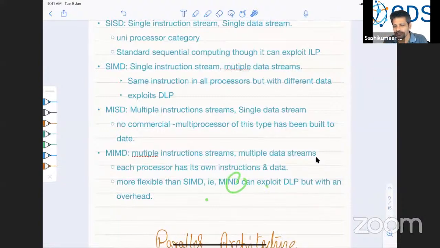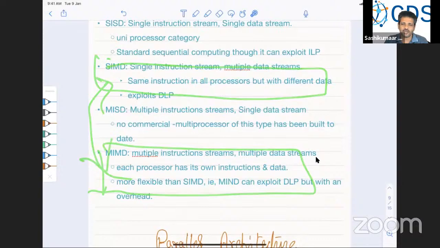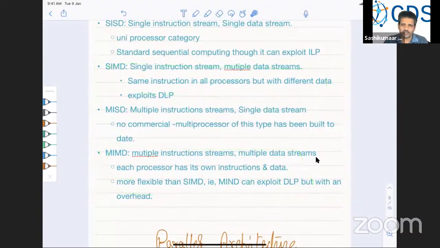So this is a kind of distributed computing machine. This one, SIMD, is the shared memory machine, and MIMD is kind of a distributed memory machine. That's the difference. And mostly we will be using these two, SIMD and MIMD, which we will keep on using in the scientific community.